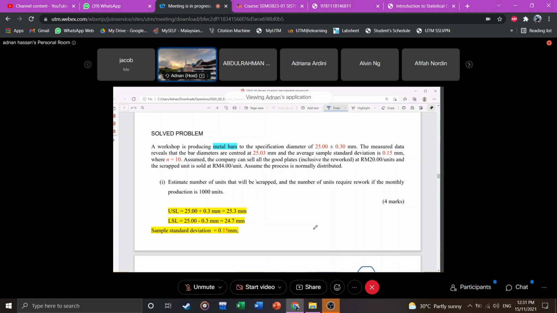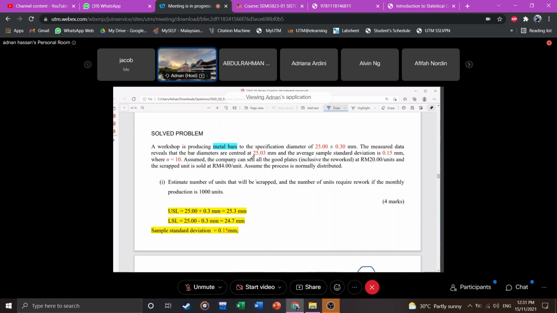A workshop is producing metal bar to specification diameter of 25 plus minus 0.3. The measured data reveal that the bar diameters are centered at 25.03 mm and the average sample standard deviation is 0.15.